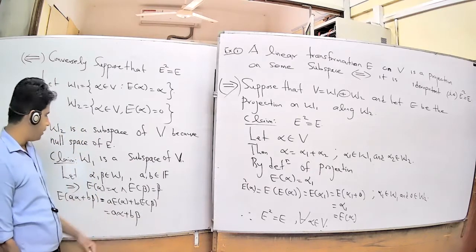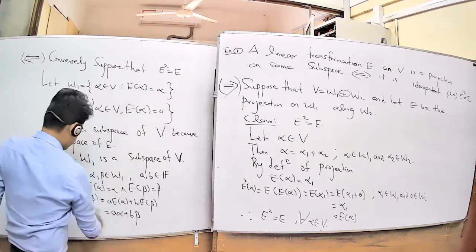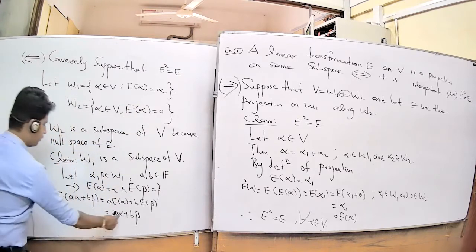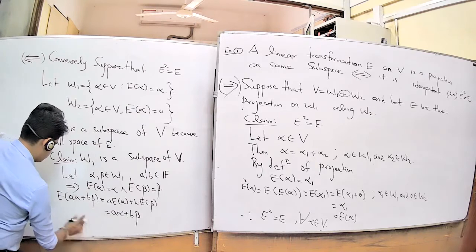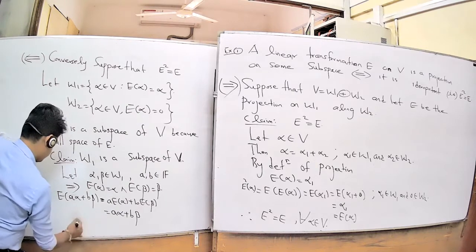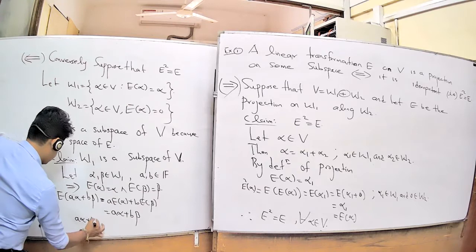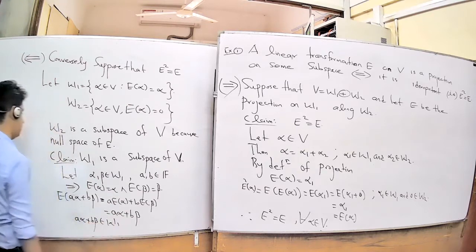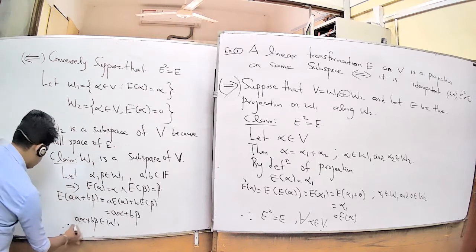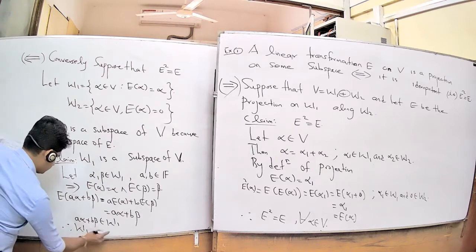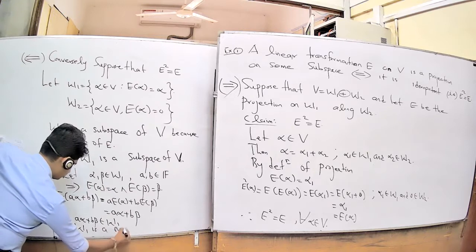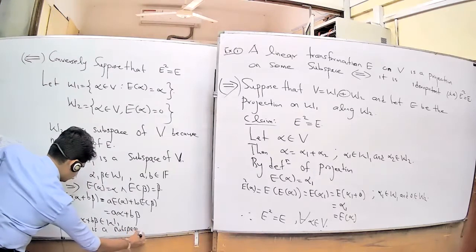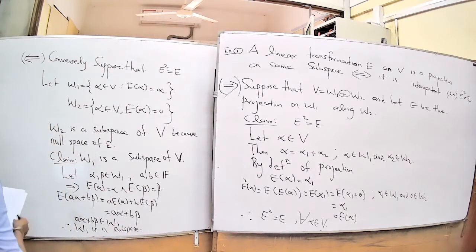So E of a alpha plus b beta equals a alpha plus b beta, both are the same. That means a alpha plus b beta is an element of W1. Therefore the subspace condition is satisfied, and W1 is a subspace.